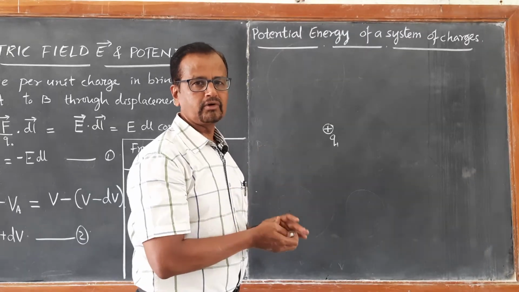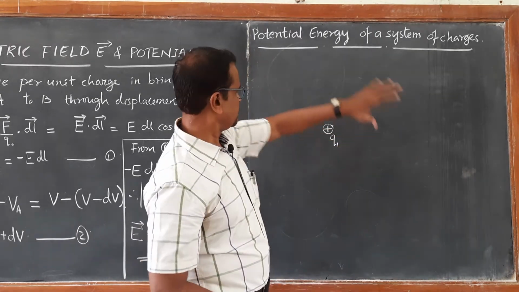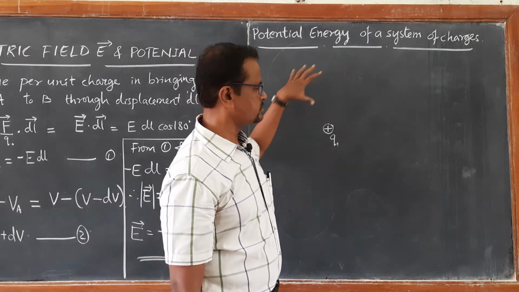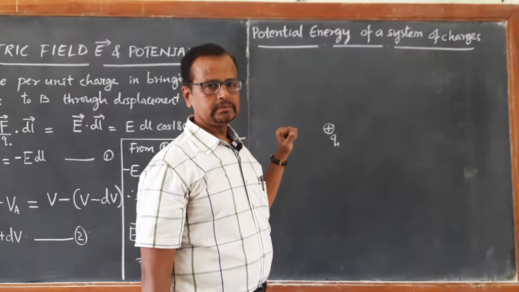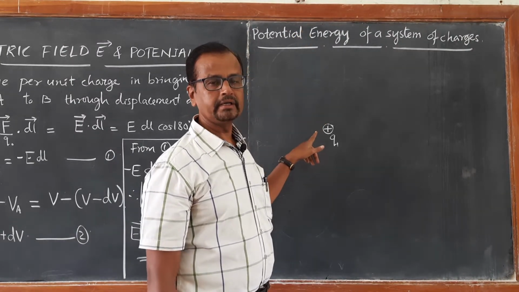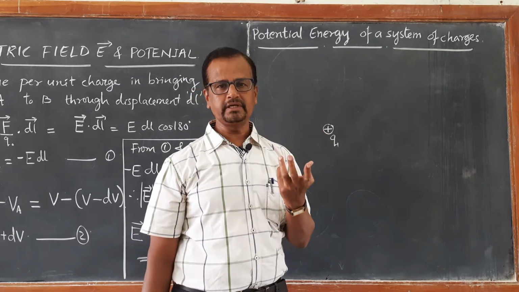How much is the work required to be done? When we are bringing Q1 charge, there is nothing here. There is no field here. There is no other source. There is no other configuration of charges. So, how much is the work done in bringing from infinity to this point? That is stored in it in the form of potential energy.